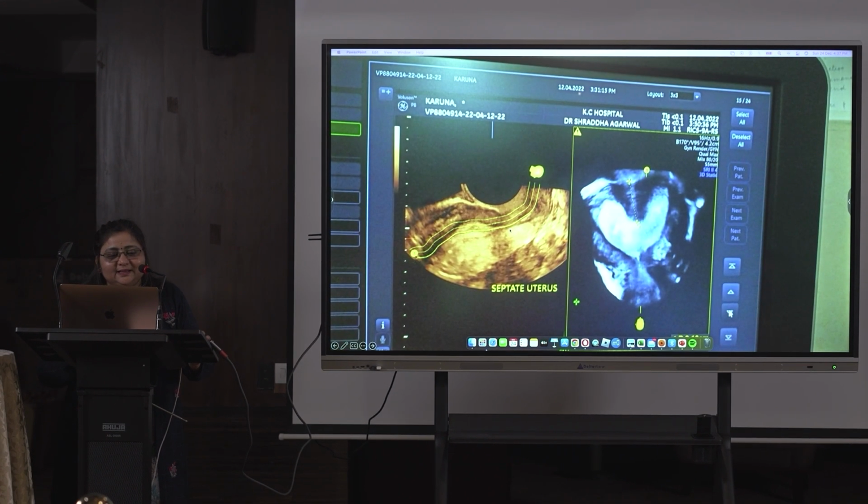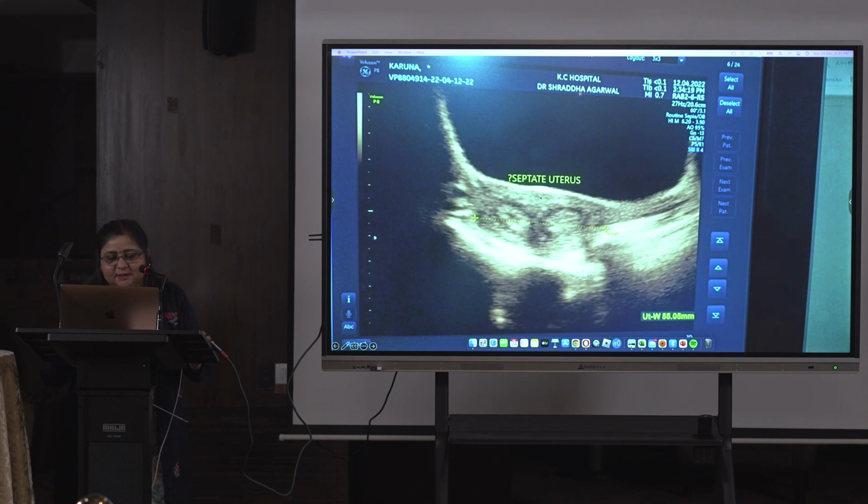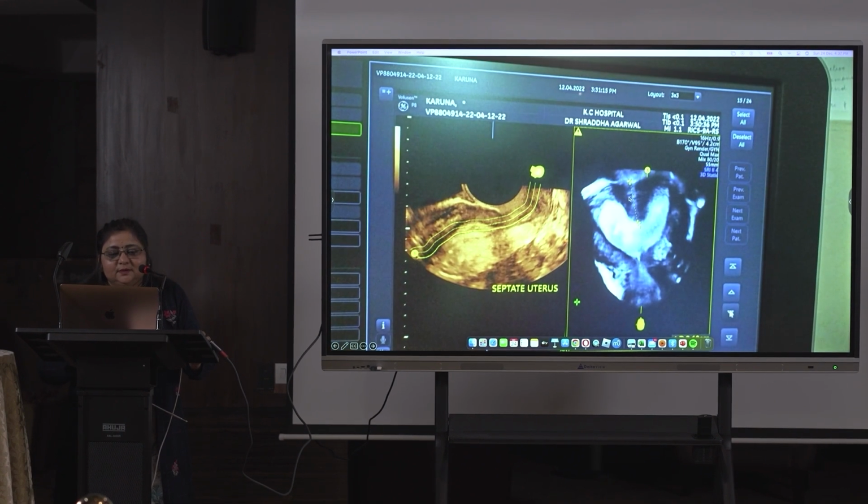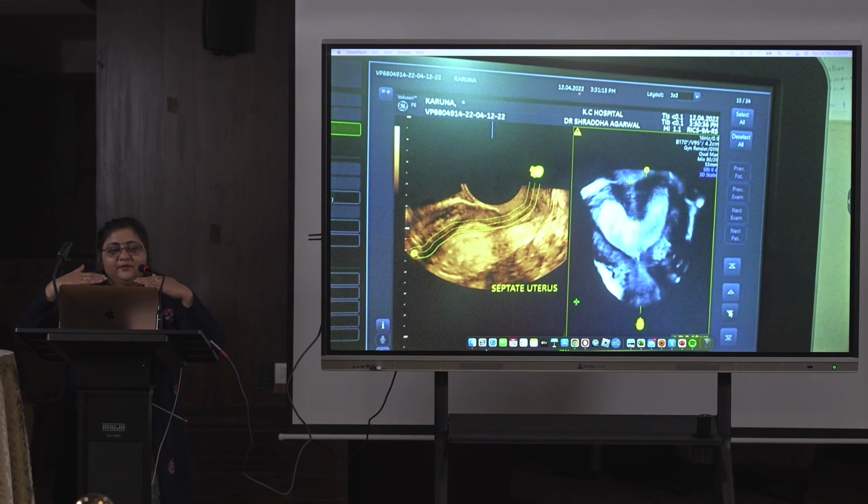Now I did the 3D of the same patient. This is Karuna, the same patient. I have measured this wrongly. Why is it wrong? We have to measure from the intercornual line, the interostial line, the midpoint of the interostial line.